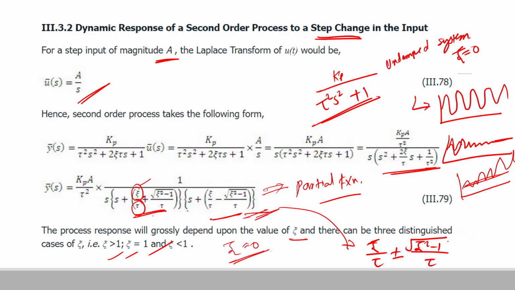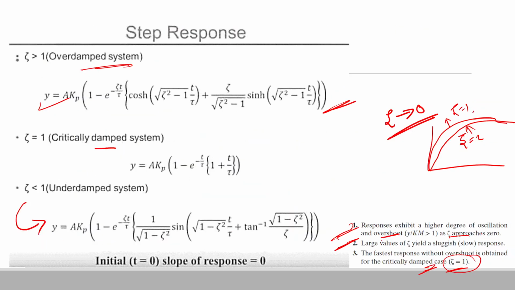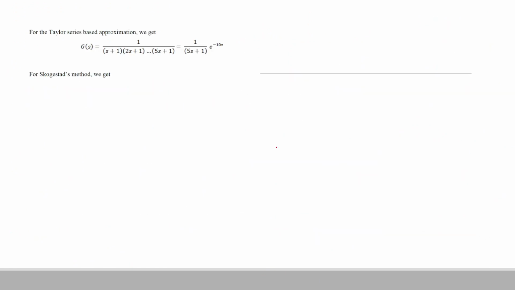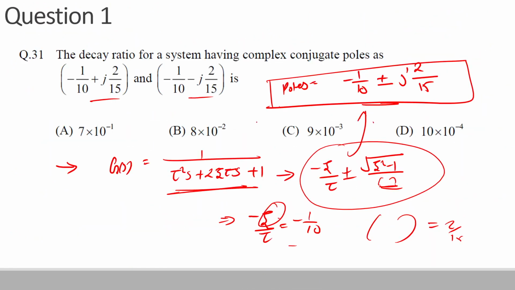But since the poles were complex conjugate, we have to provide a j over here, so the pole will become minus zeta upon tau plus or minus j under root of 1 minus zeta square upon tau, and later we can compare these coefficients with the solution that has been provided. That will give us the final answer, that is the decay ratio for this system as 9 into 10 raised to minus 3.